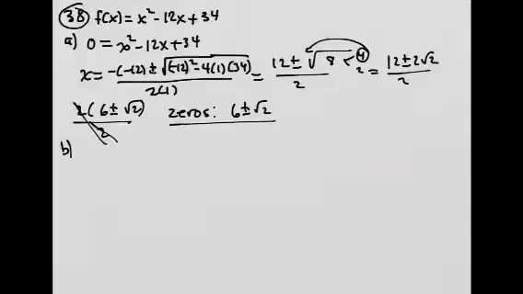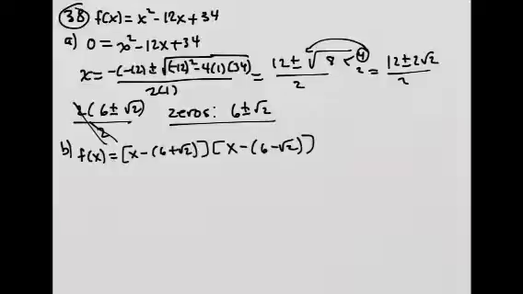For part B, they want you to write it as a product of linear factors, so you're going to write f of x equals, because it's a complex 0, you have to use the brackets initially, like this, and then x minus 6 minus radical 2, and then simplify this by distributing the negative. Like this, and here it is, f of x.